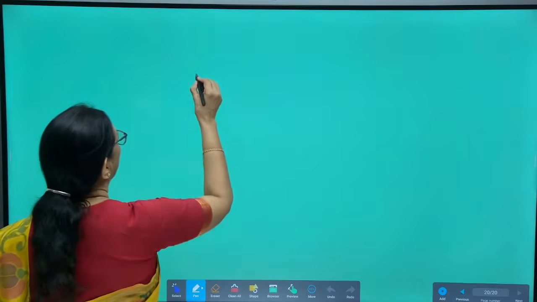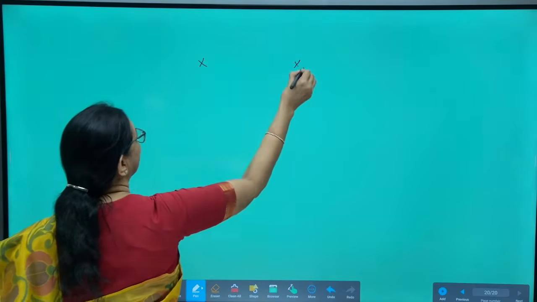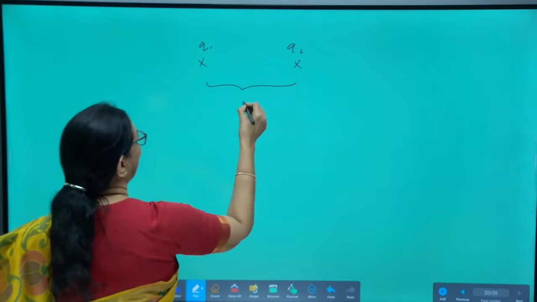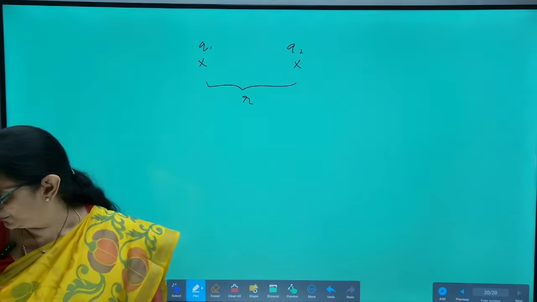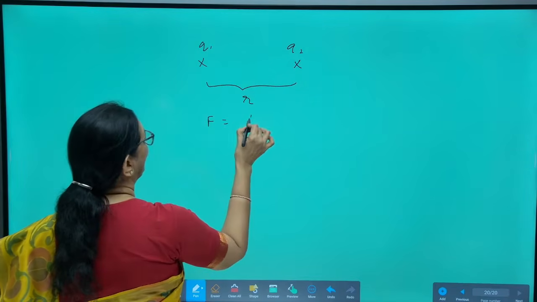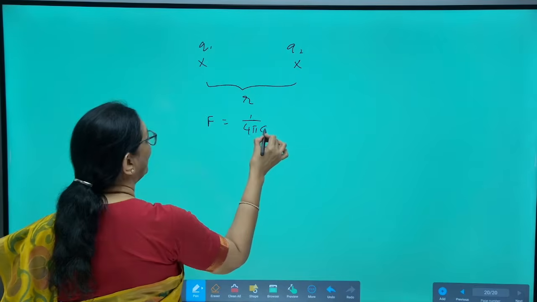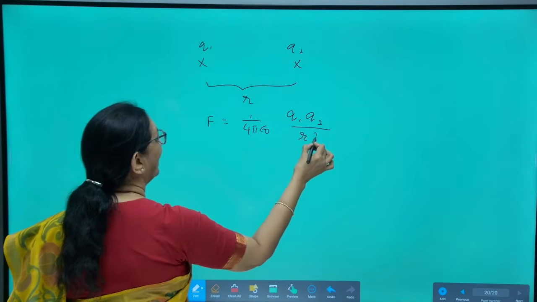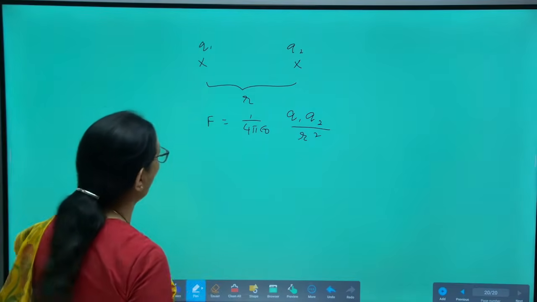Look here. Force between two charges Q1 Q2 separated by a distance r is equal to 1 by 4 pi epsilon naught Q1 Q2 by r square.